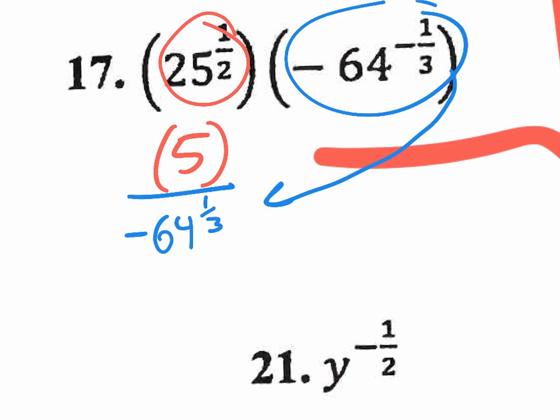And what's negative 64 to the positive 1/3? Negative 4, right? The power of 1/3 really means a third root. So what we really have here is 5 over negative 4. Final answer is negative 5/4.